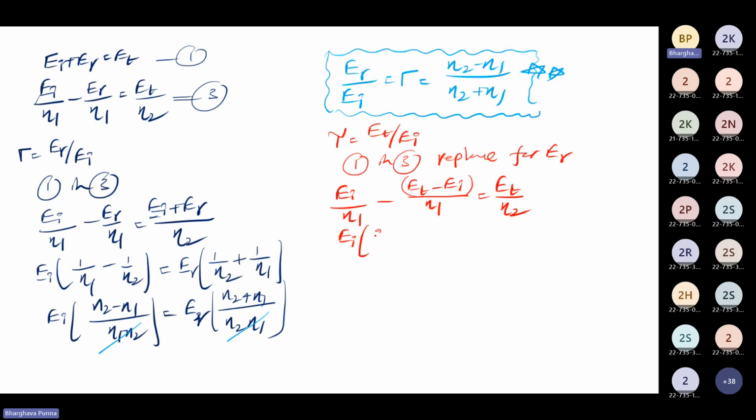That means 2 times, so 2 by eta 1 is equal to, writing all the Et terms at one place, 1 by eta 2. This side minus Et by eta 1, bringing to the right side, it becomes plus. Taking LCM, you will get (eta 2 plus eta 1) by (eta 1 eta 2) into Et.